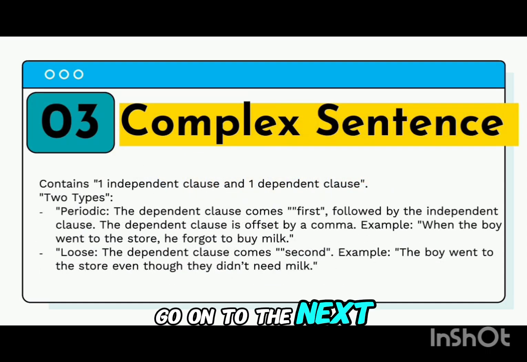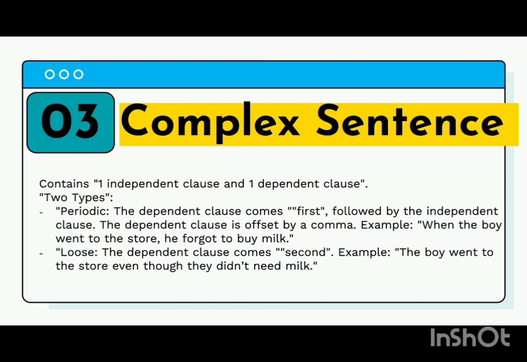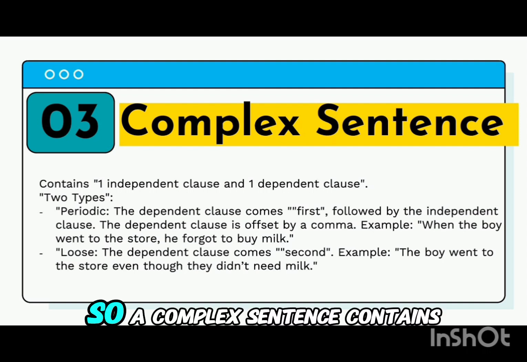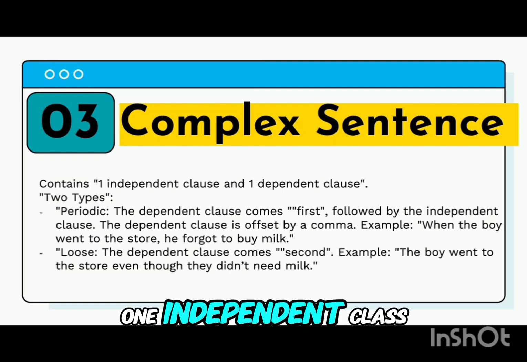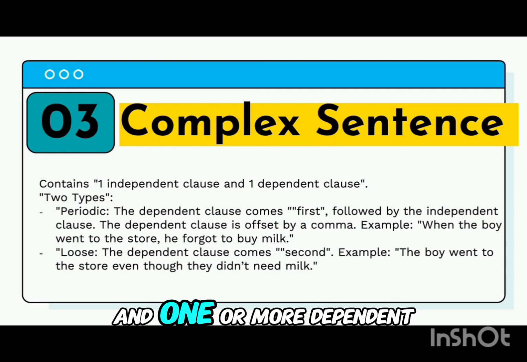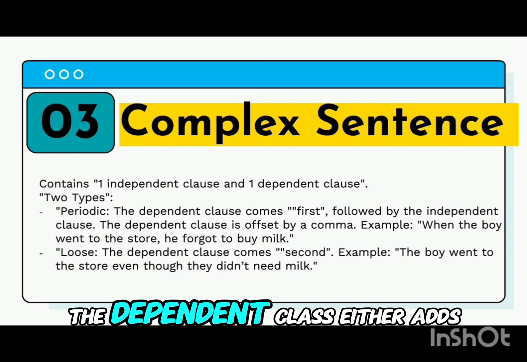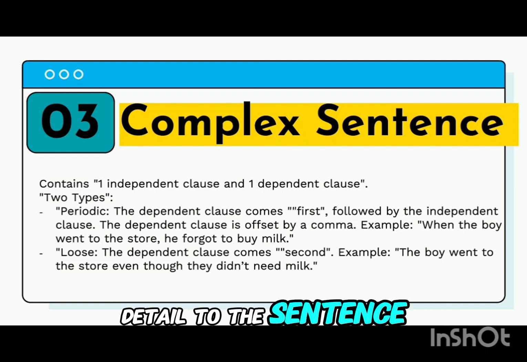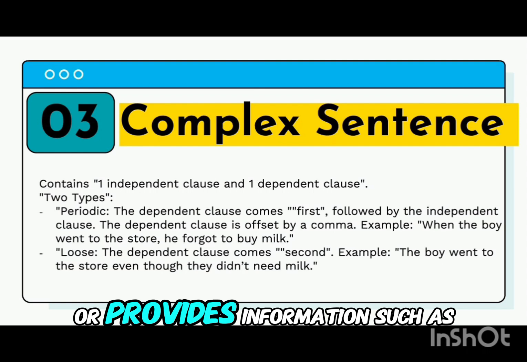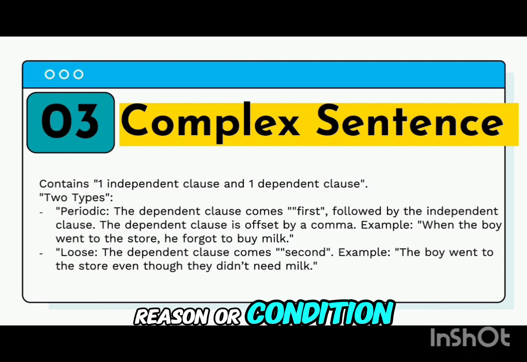Go on to the next, complex sentence. A complex sentence contains one independent clause and one or more dependent clauses. The dependent clause either adds detail to the sentence or provides information such as time, reason, or condition.